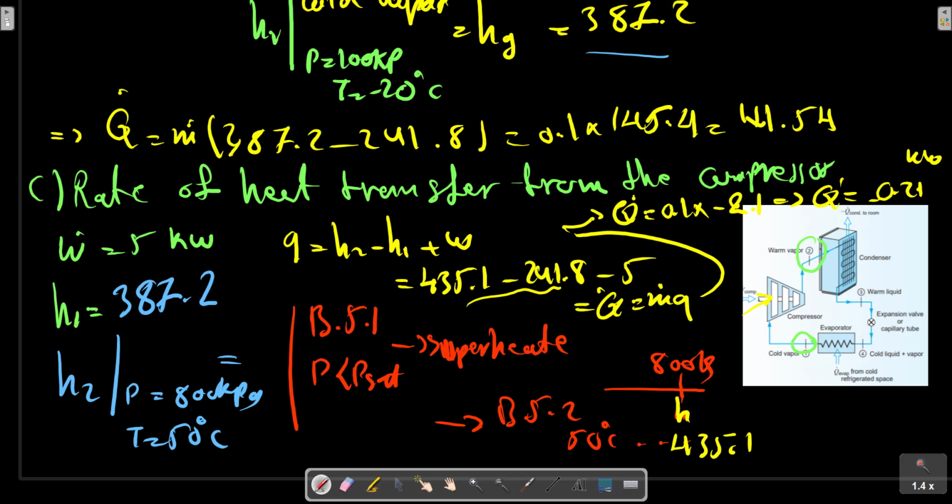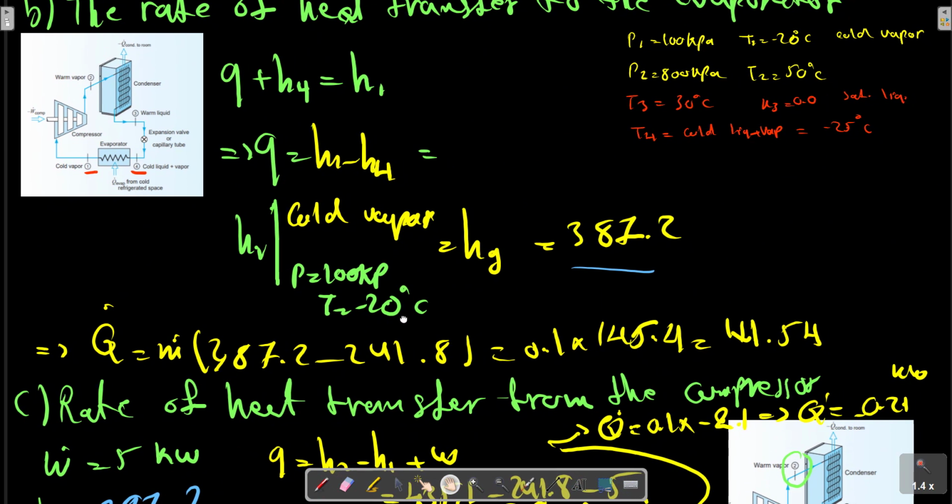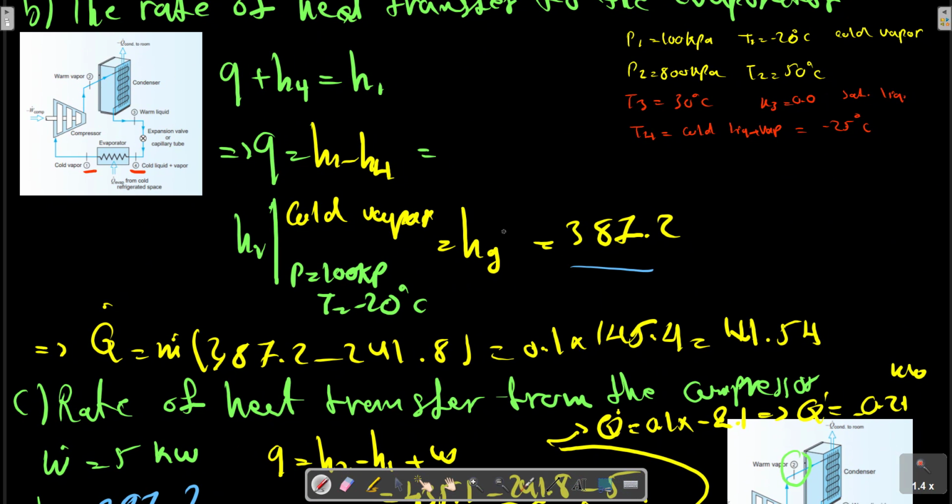In the previous example, we can call vapor equals to H at, we should check the temperature and pressure.